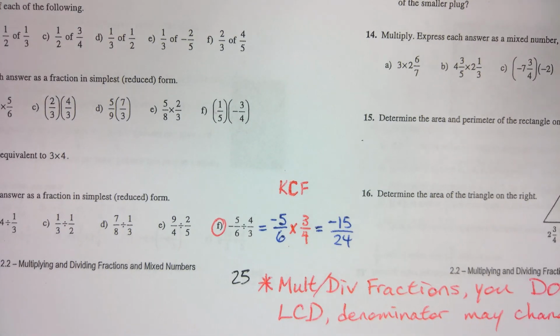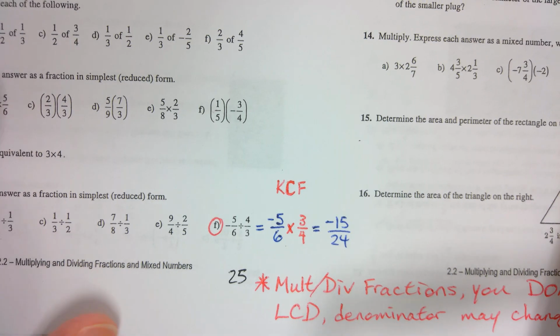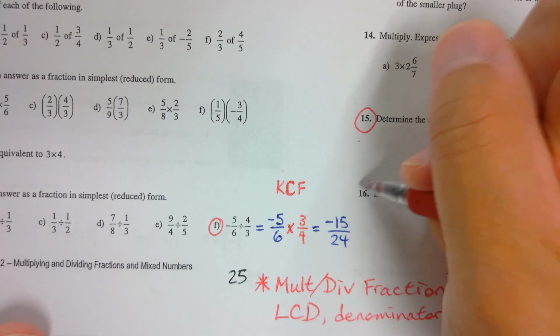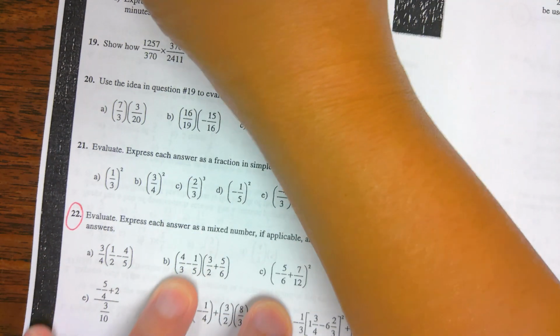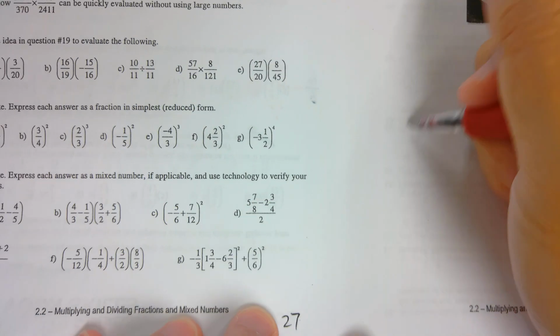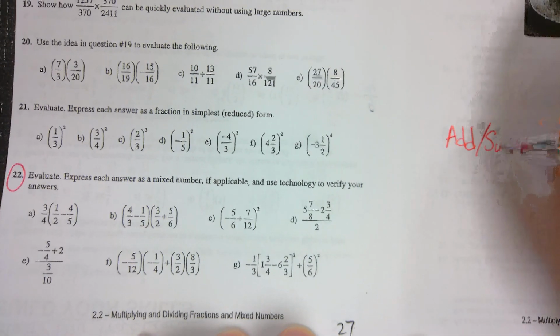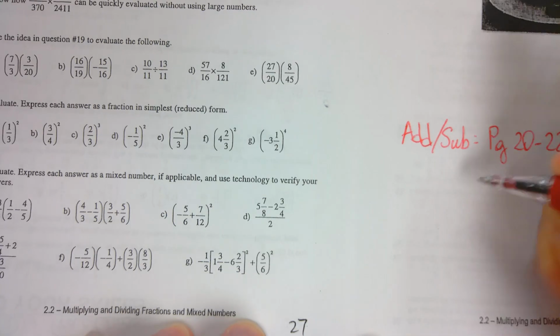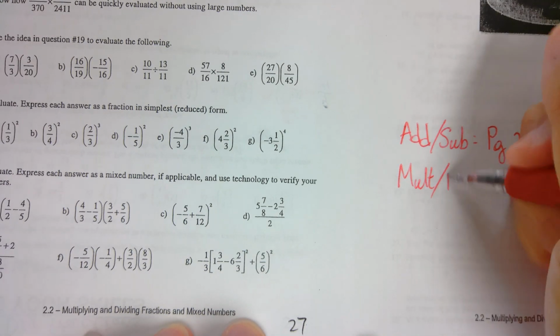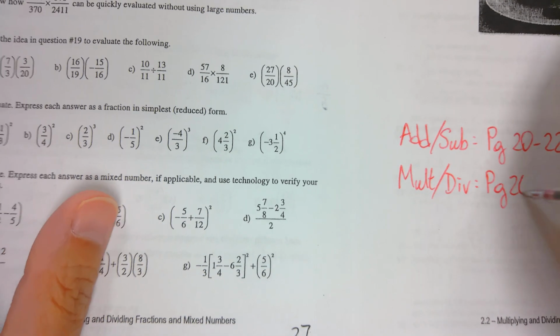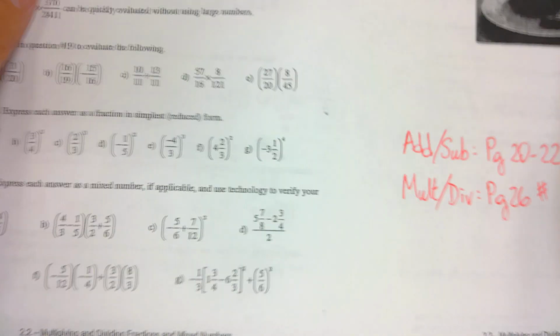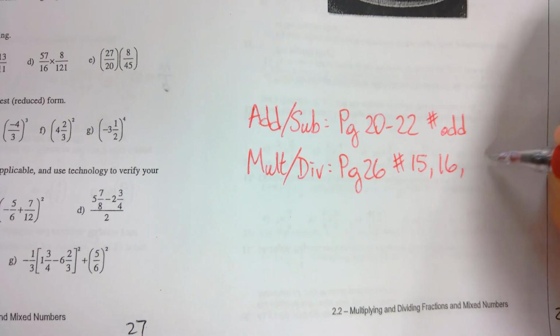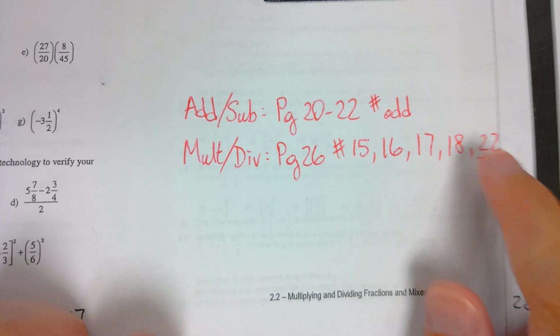So for adding and subtracting, page 20 to 22, odd questions, and then for multiplying and dividing, page 26, number 15, 16, 17, 18, and 22. You might have some trouble with 22, but I want to challenge you guys.